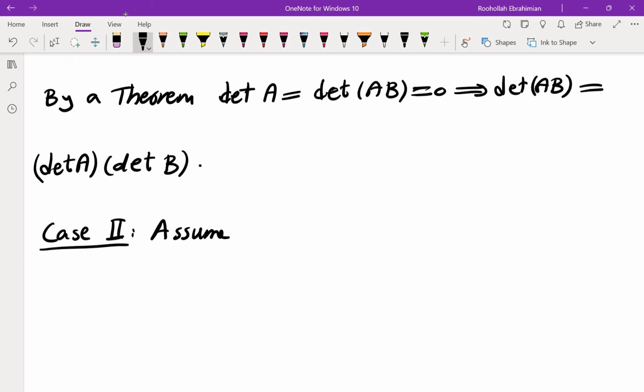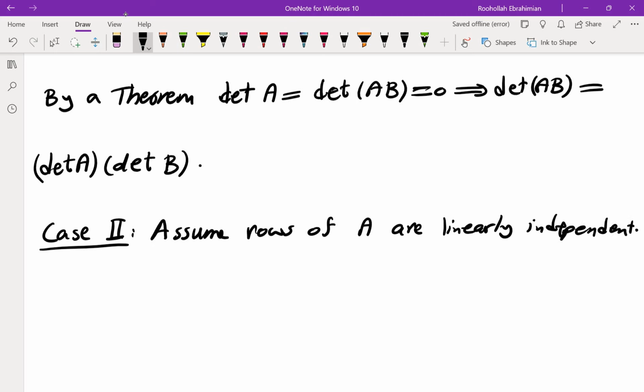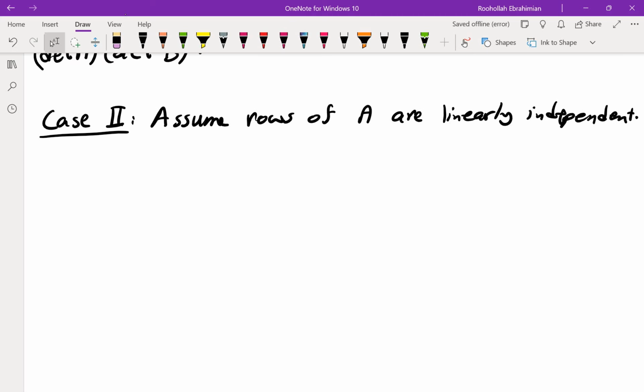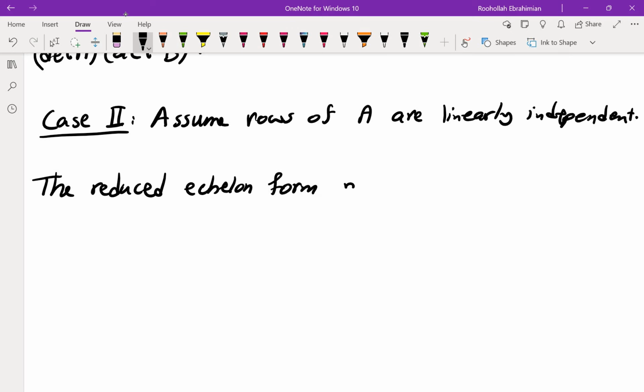So assume the rows of A are linearly independent. Because of that, we know that the reduced echelon form would have to have one non-zero entry in every single row. It's a square matrix, so the reduced echelon form must have n pivot entries.